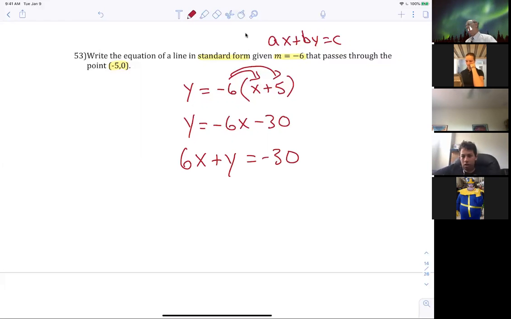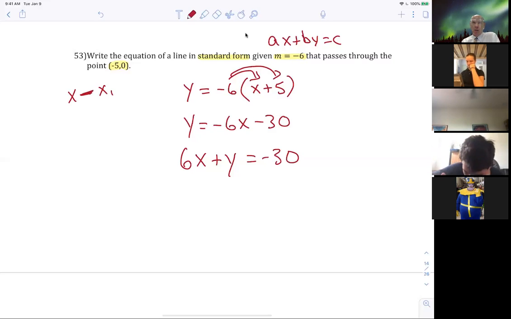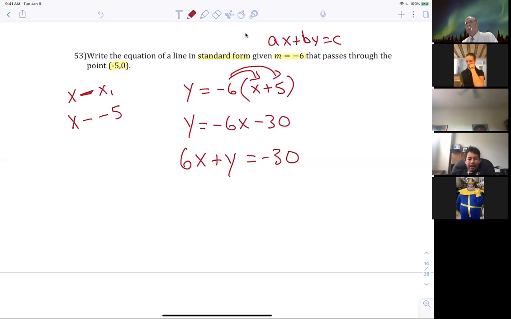That is in standard form. Notice A is positive. A, B, and C are integers, and they're all relatively prime. Yes, ma'am. Because in the formula, it is x minus x1. So it's x minus negative 5. Agreed? All righty, here we go.